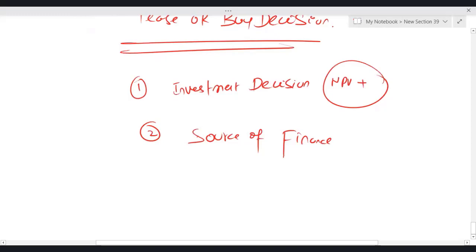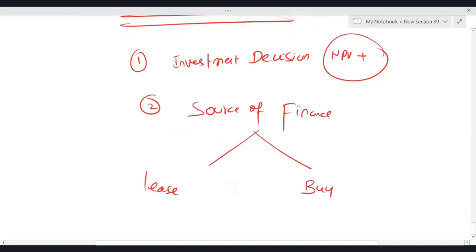And the source of finance here is, should we take the same asset on lease or should we buy the same asset? Now listen and listen carefully. How do we buy the asset in this topic? Actually, we take loan to buy the asset.